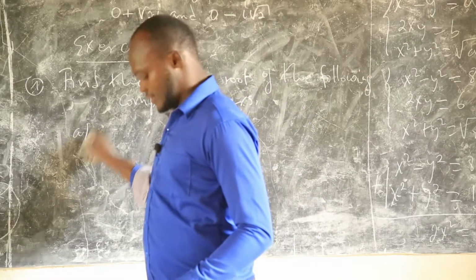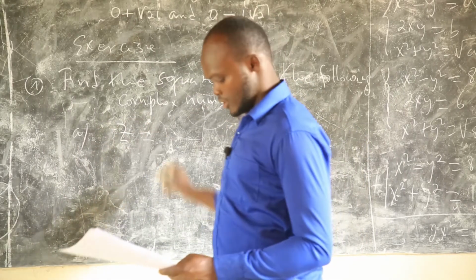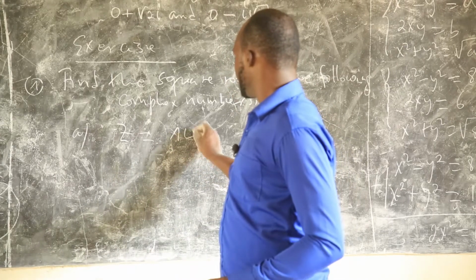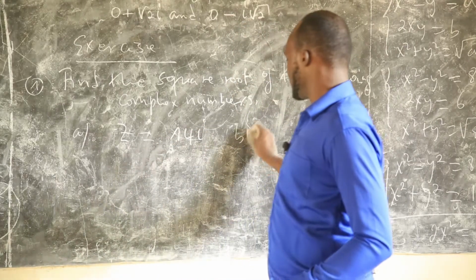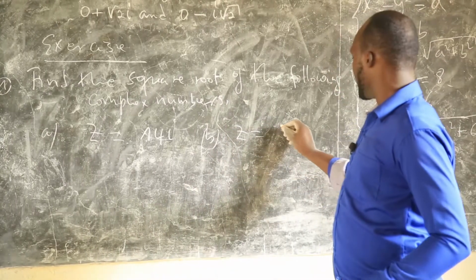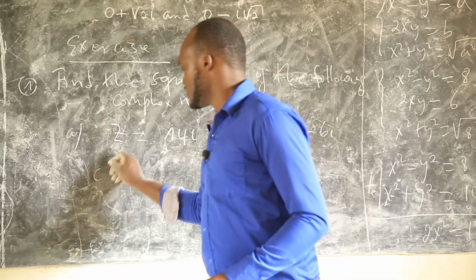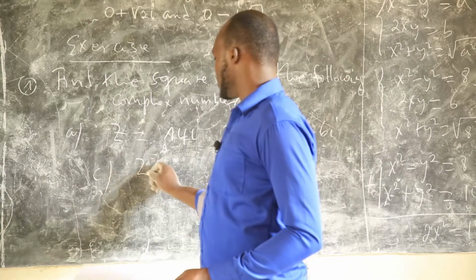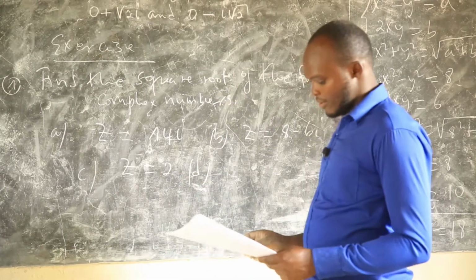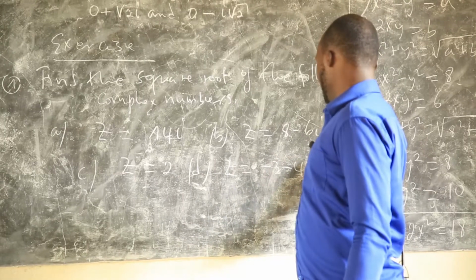We have A, z equal to 14i. B, z equal to 8 minus 6i. C, z equal to 2. D, z equal to negative 3 minus 4i.